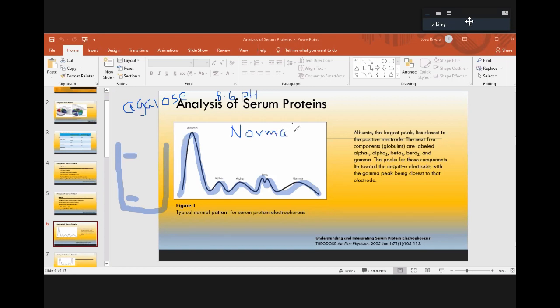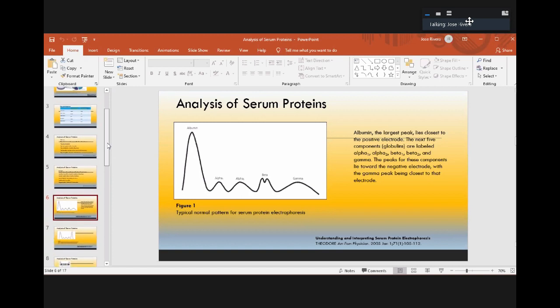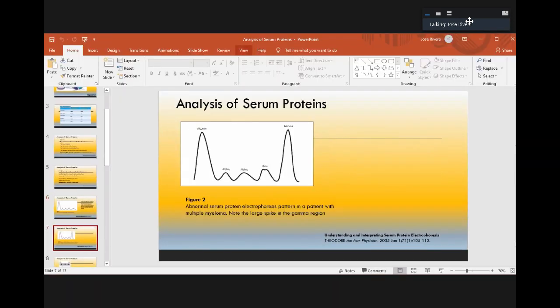You run the same type of gel, and for a person that has this myeloma, the pattern of migration, or the amounts from the analysis, is going to be like this. And what you see here: which one is more abundant now than in the normal? Which protein? You can see this graph.